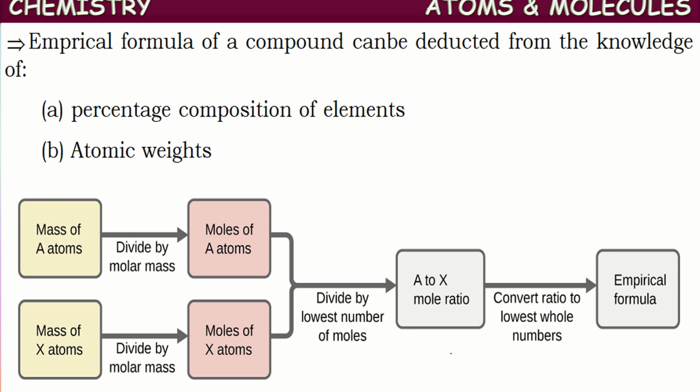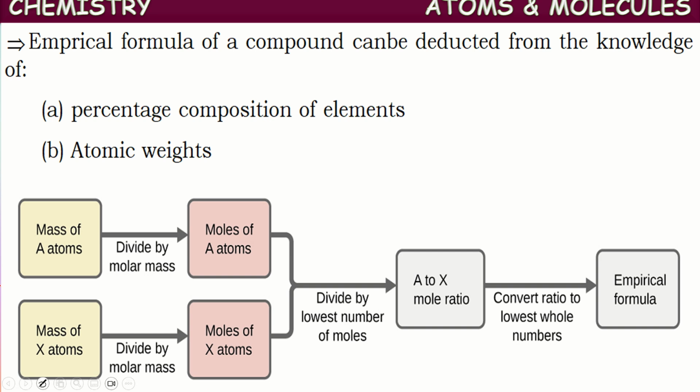And writing the empirical formula. While writing the empirical formula, we need to know a little about percentage composition of elements, which we just discussed, and atomic weight. Atomic weight we already know. So by using these two factors, we find the empirical formula of the compound.